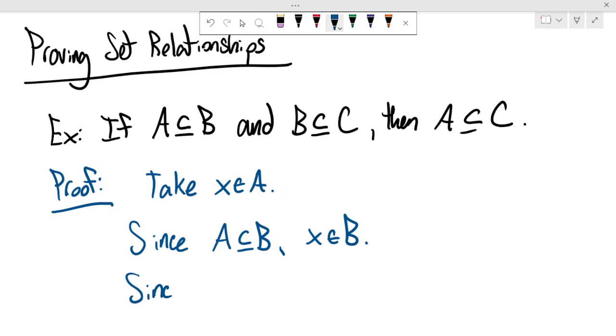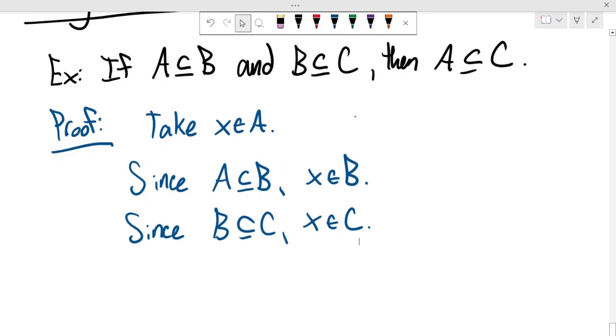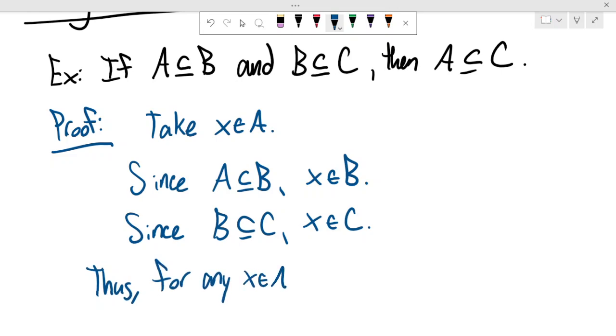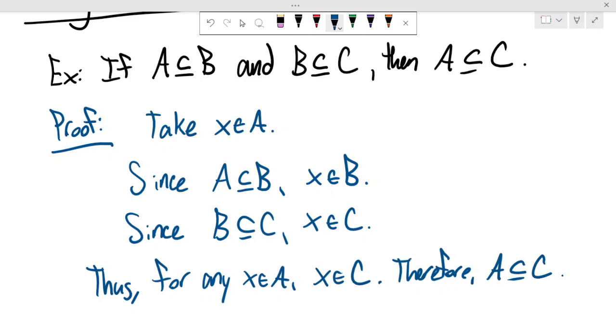Now, since B is in C, x is in C. Thus, for any x in A, x is in C. So therefore, A is in C, because that's what the definition is, right? That you can take any element of A and it's going to be in C.